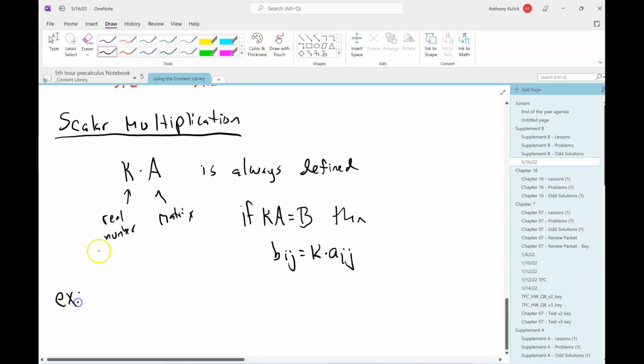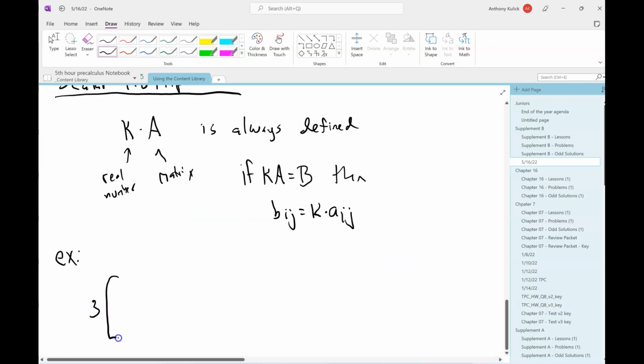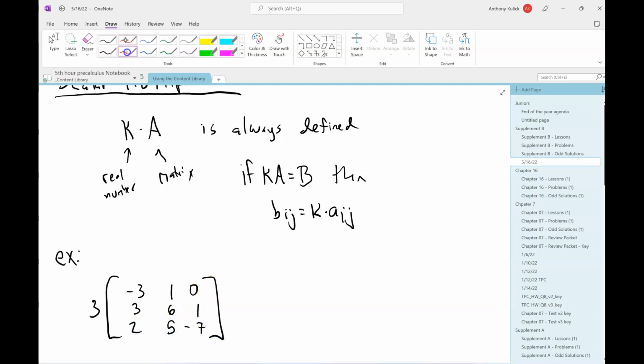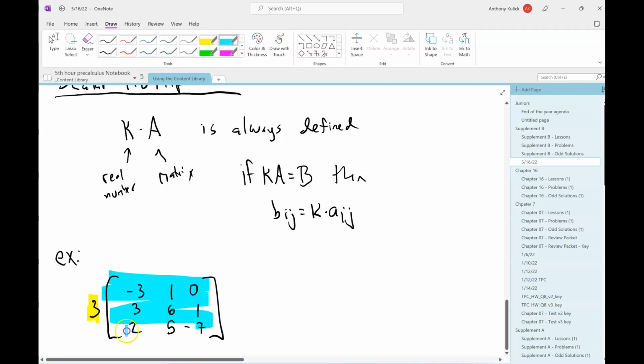Let's do a quick example, make sure that we got it. So my scalar here is 3, and my matrix is all of this stuff, right? Everybody see the real number times a matrix? Sometimes we call that real number a scalar.